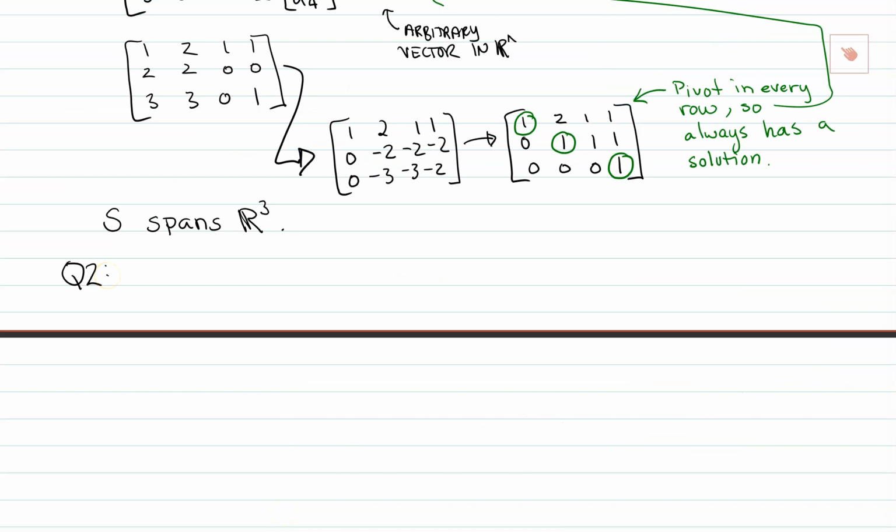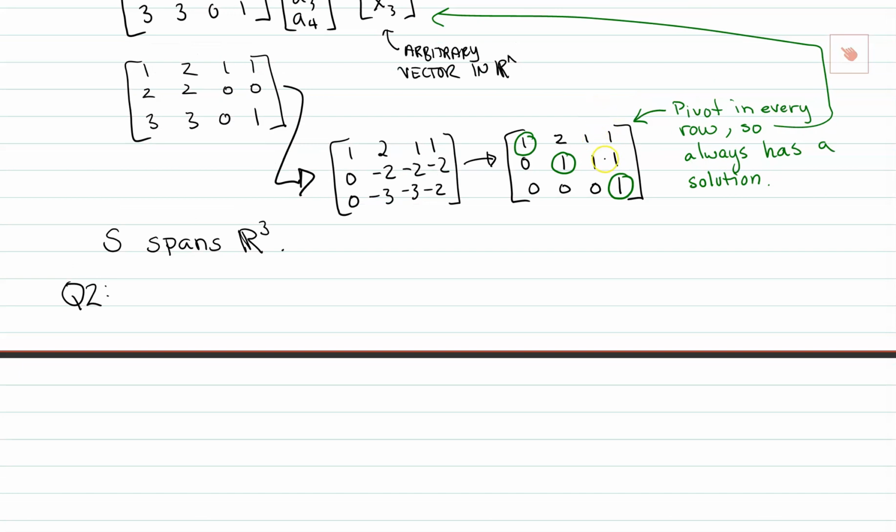So to answer the second question, is this a minimal spanning set, we can also look to the echelon form of the matrix. This tells me that A3 is free. So that means I could set it to be anything I want, and I'll get coefficients A1, A2, and A4 that will satisfy the equation.